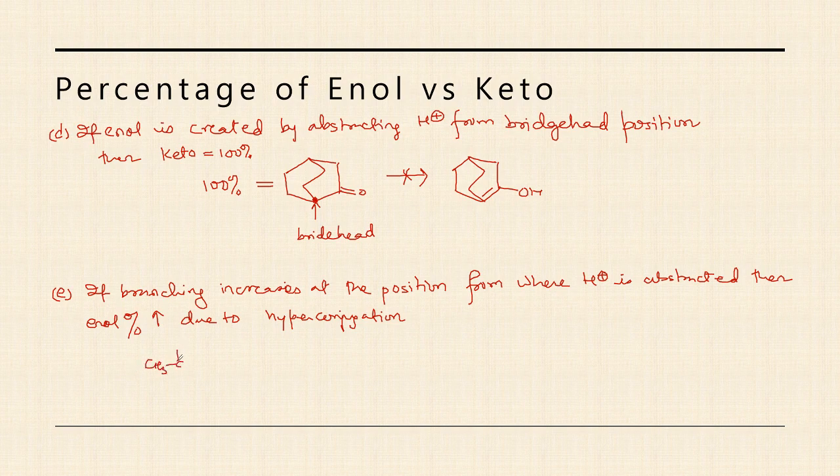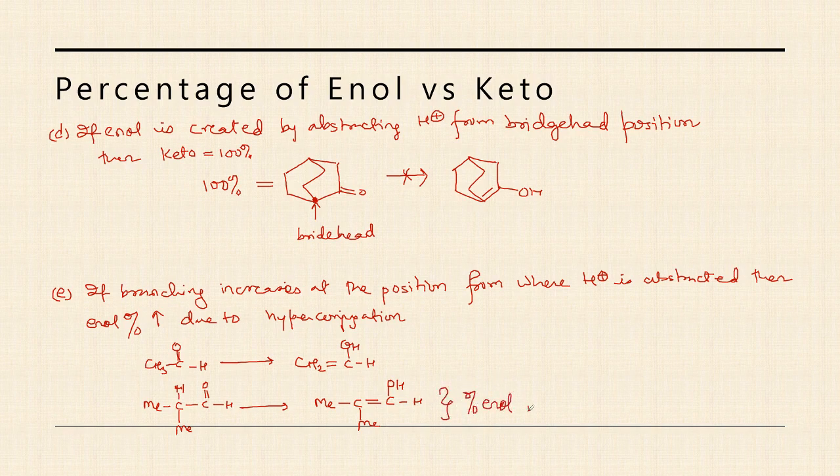For example, अगर आपने ले लिया CH3CHO and you compare it with MEC, ME, then the enol obtained from here, CH2 double bond C, OH, H, and the enol obtained from here, MECME, double bond C, OH, H. So this enol percentage will be greater than CH2 double bond CH, OH, H. इसमें ज़्यादा hyperconjugation रहेगा.